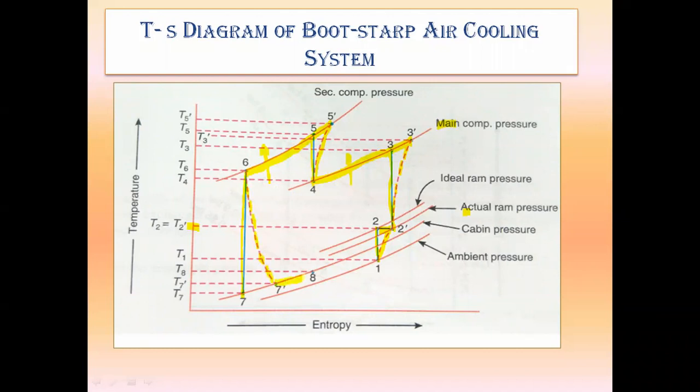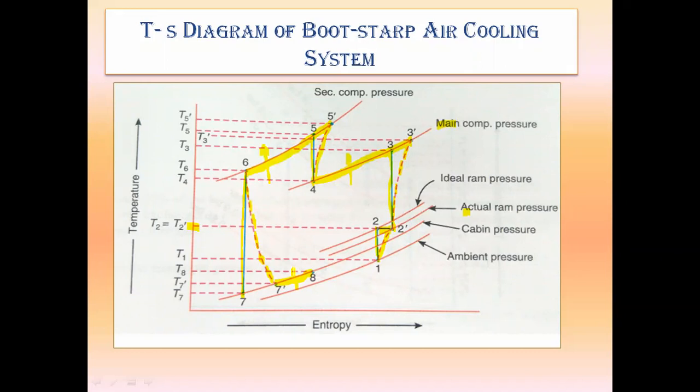And 7 to 8 is the constant pressure heat absorption inside the aeroplane cabin. So this is the TS diagram for the bootstrap air cooling system. So we have seen the TS diagram.